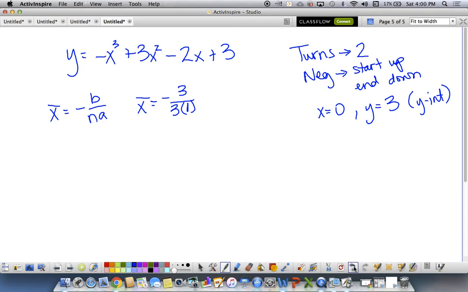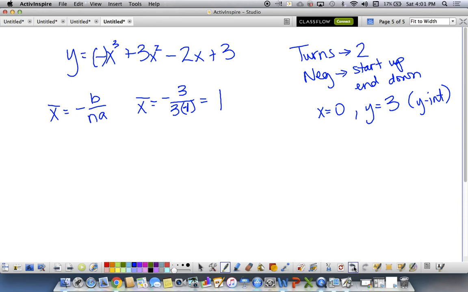Why do they have it positive? It shouldn't be positive, because a is negative 1. All right. Sorry about that. So that's negative 3 over negative 3, which is simply 1. So x equals 1.